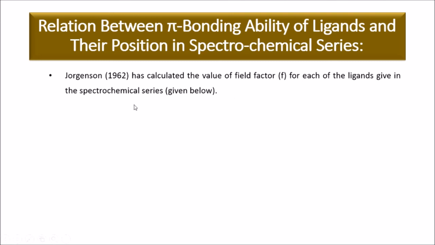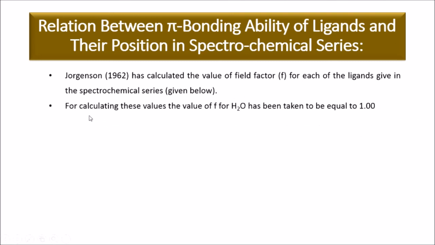We're going to show it over here. For calculating this value of F, H2O is considered as an ideal ligand, and its value has been taken as 1.00. So now it is a relative value.